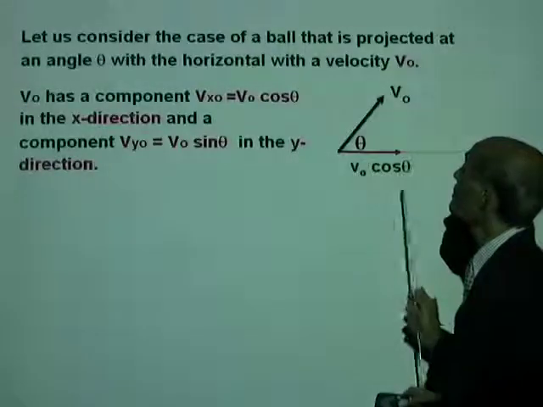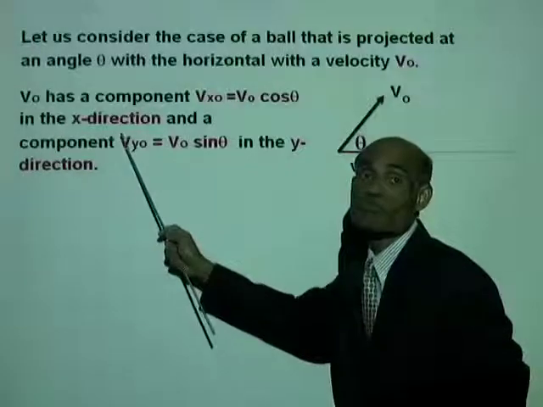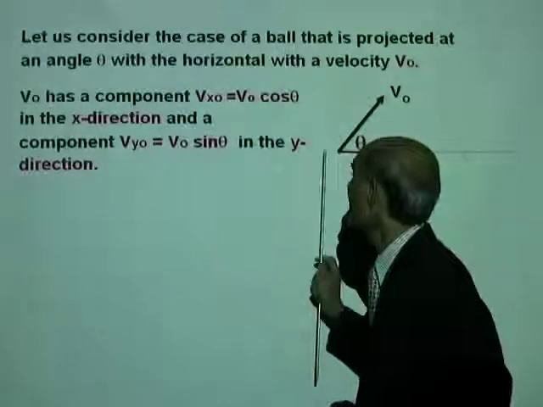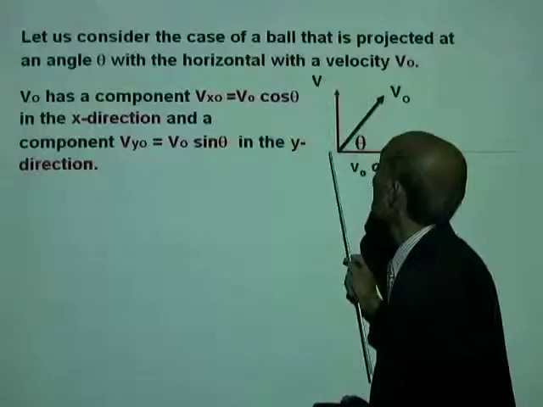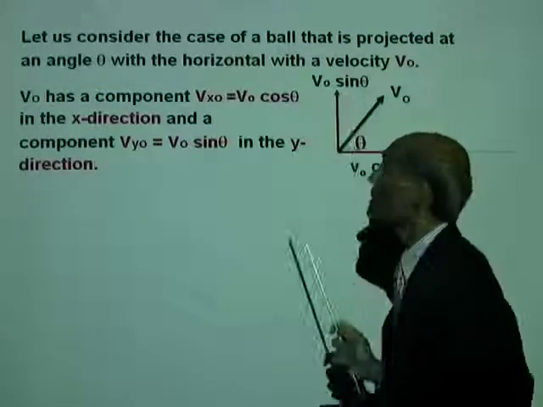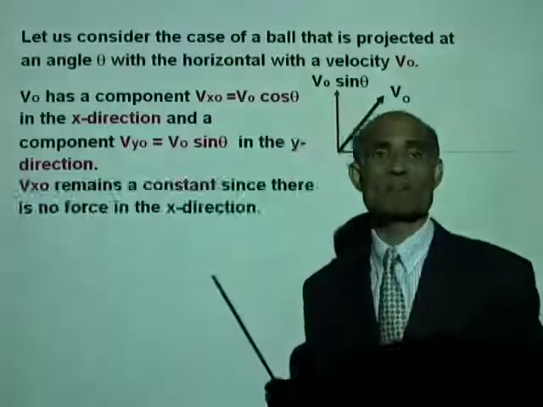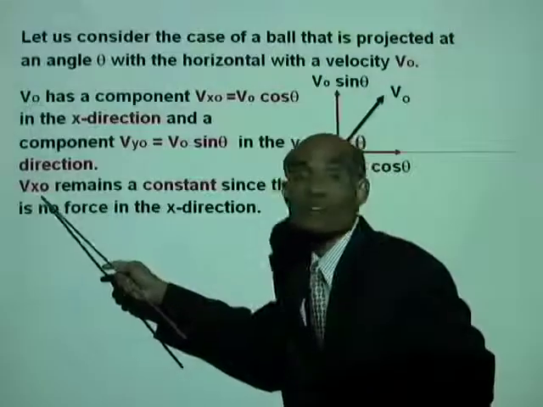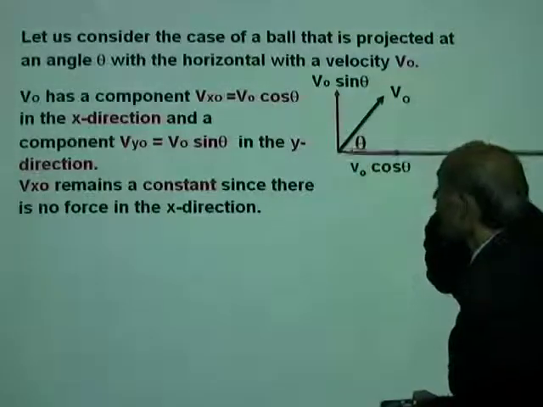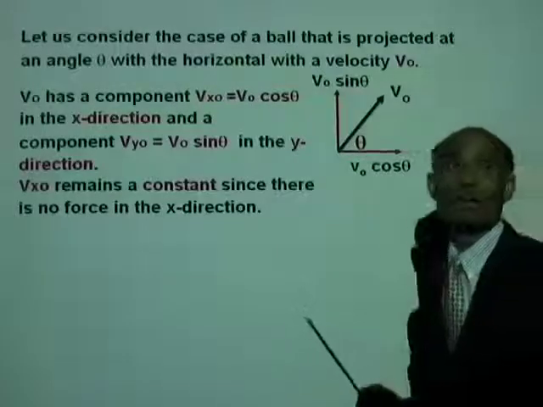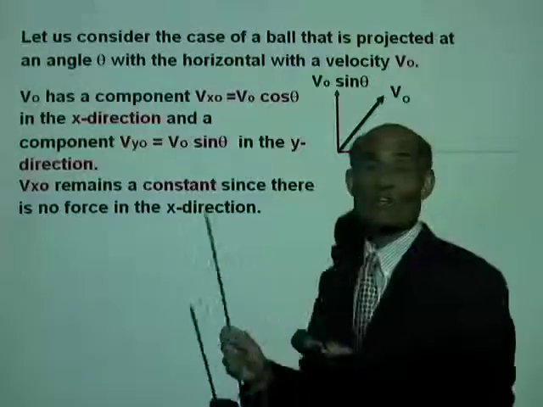This is v0 cos theta. And vy0, what does vy0 stand for? Initial vertical velocity. vy0 is v0 sine theta. I'm sure you have no problem understanding that. Now, vx0 remains a constant. This velocity will not change because there is no force in the x direction.